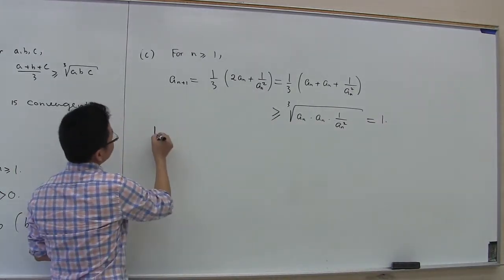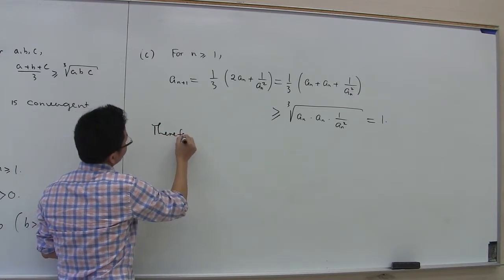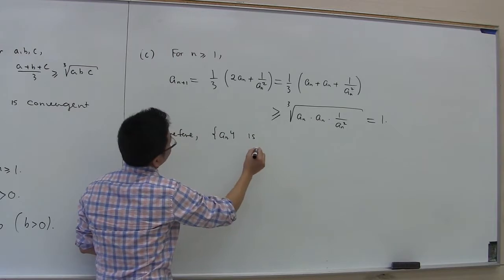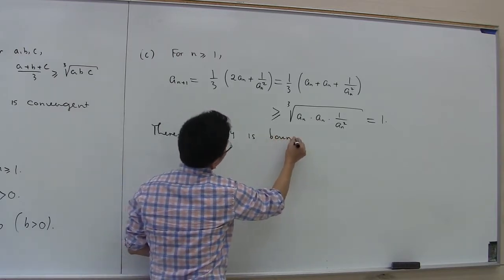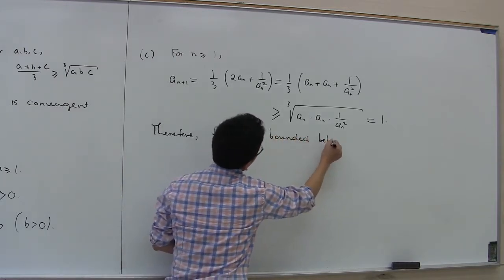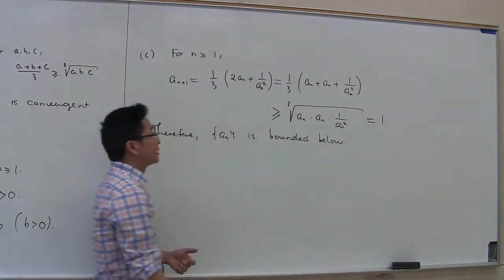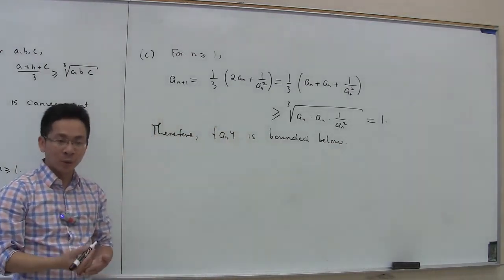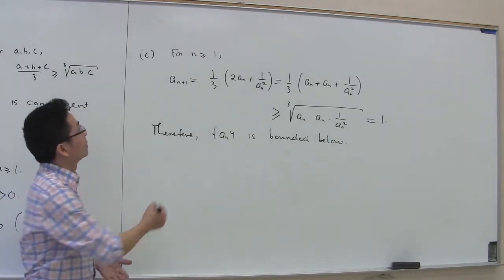Therefore, an is bounded below. Okay? And in the next step, we're going to show that an is monotone decreasing.